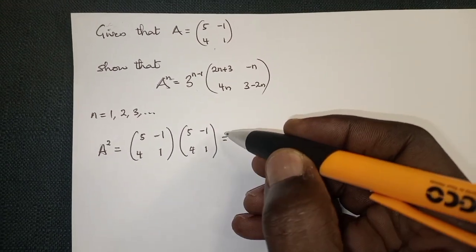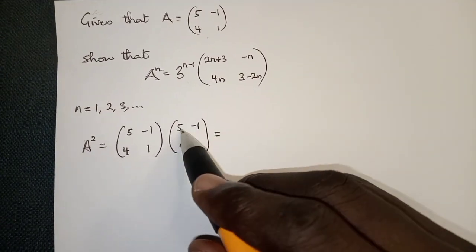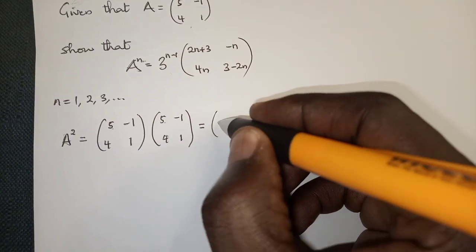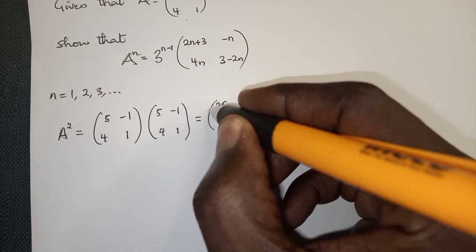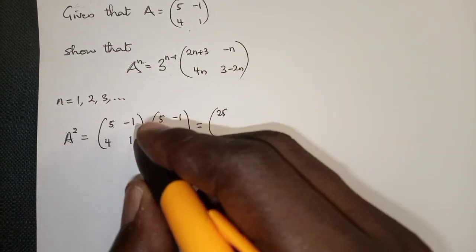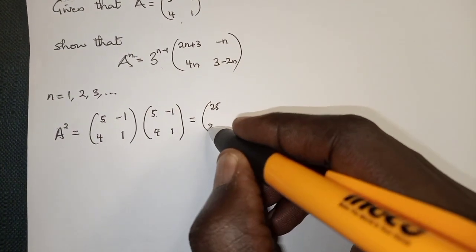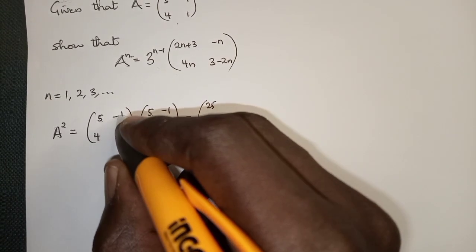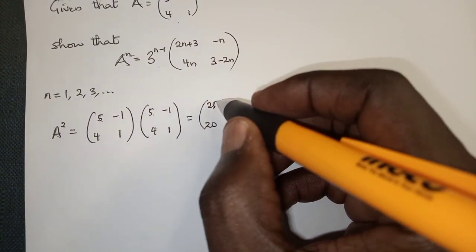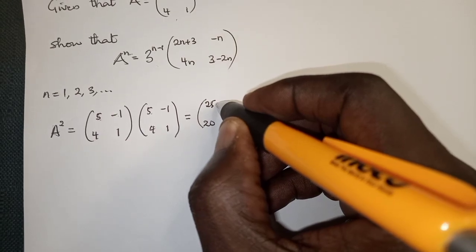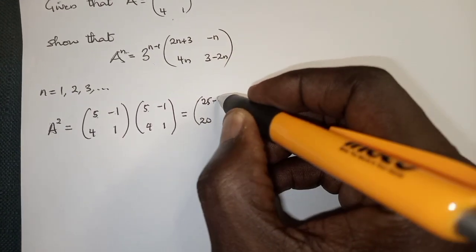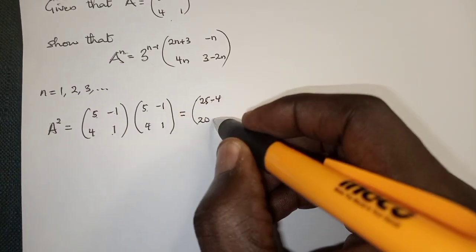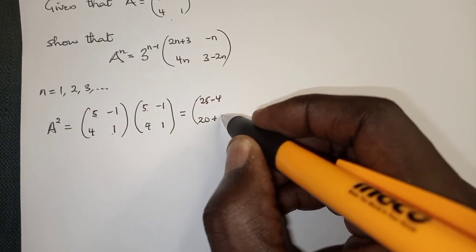So this will be equal to the matrix 5 times 5, 25, then 5 times 4, 20. We come to 4 times negative 1, that will be minus 4, times positive 1, that will be plus 4.